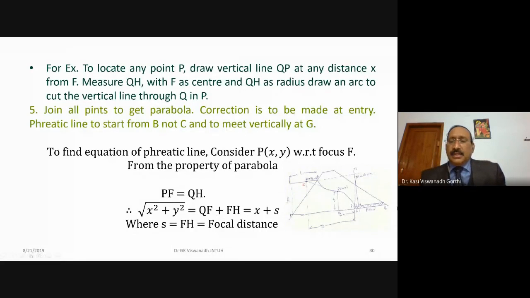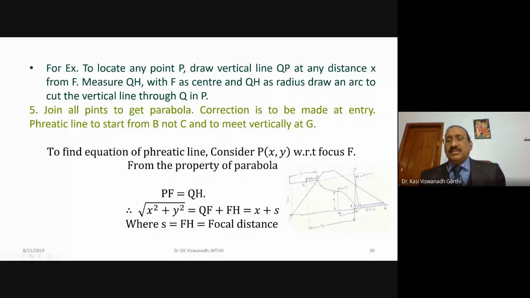Accordingly, you measure what is PF and what is QH. PF is the diagonal. For this PF, P is located at a distance of (x, y). So the square root of x squared plus y squared will be equal to the diagonal PF. On the right-hand side, you have QH, which is QF plus FH.